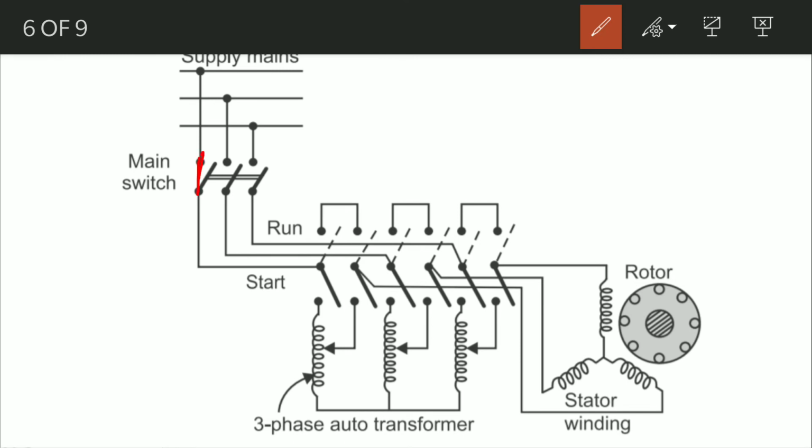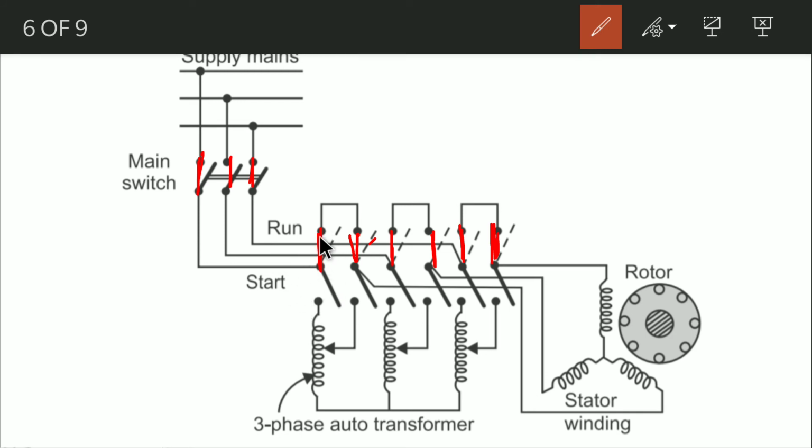The main switch is in on position. These terminals are connected here. Now the auto transformer is out of circuit. It is not connected to supply or motor anymore when the switch is shifted to run position.